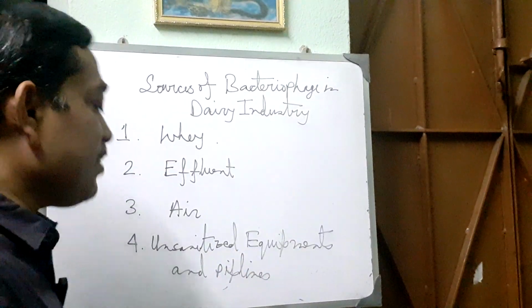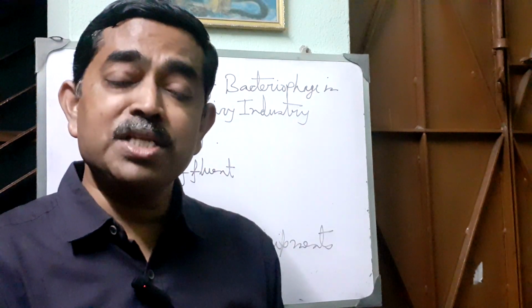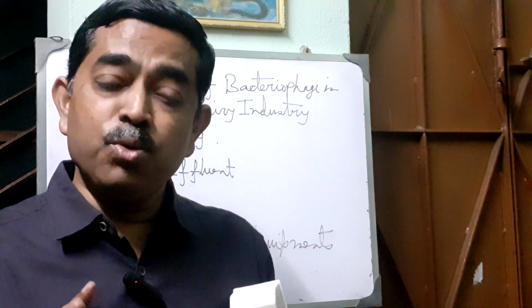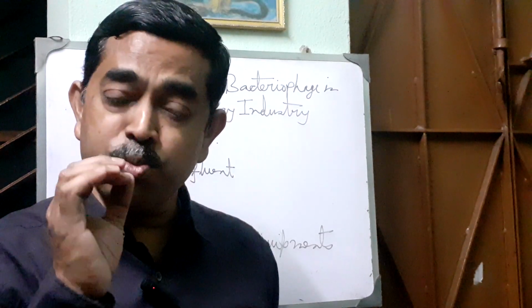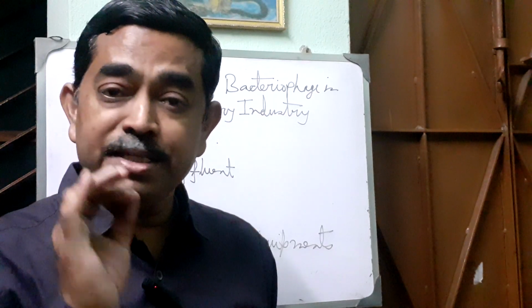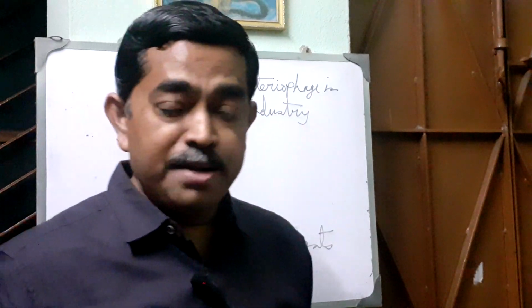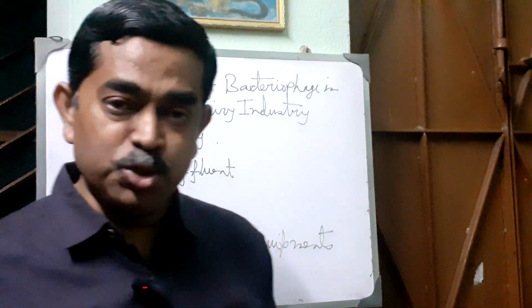Generally, whey is a very good source of virus. Bacteriophage, or virus, generally grow at pH 6.5, the optimum pH for their growth, and at 30 degrees centigrade temperature. And we know that killing the virus particle is a very difficult job.